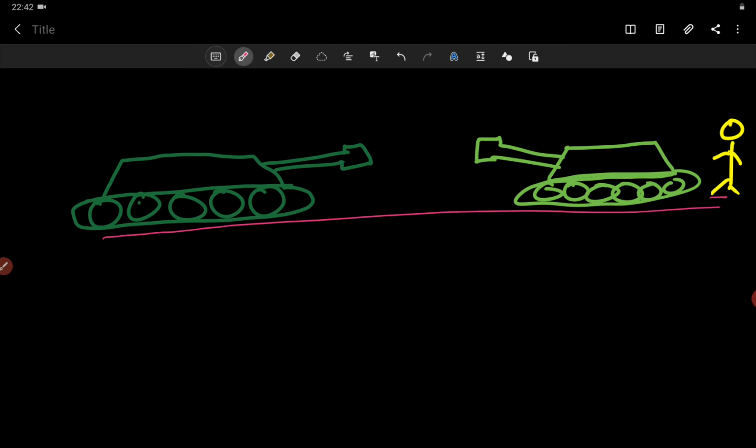What happens is, he hears the first sound after 2 seconds and the second sound after 3.5 seconds after seeing the flashes. Obviously the flashes will be at the same time here and here also.